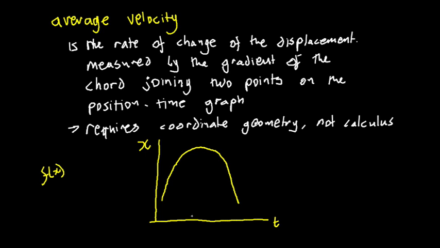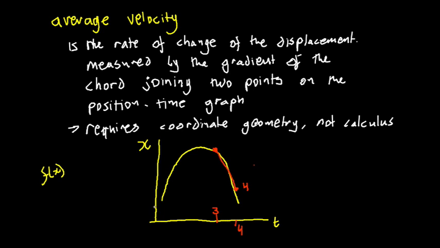We want to find the rate of change of the displacement, so we're looking at the distance between, say, 3 and 4. We'd plot those 2 points and find the rate of change of that. So that's essentially what we're doing. It requires coordinate geometry. We can't use calculus.